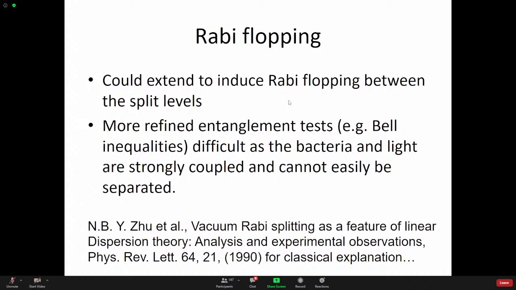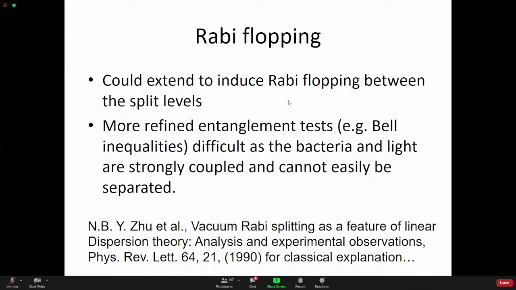the two levels. So you would like to drive the system from the ground state to the excited state and back to the ground state, and maybe shine a laser exactly of the right frequency corresponding to the splitting in order to be able to observe Rabi flopping. And then this, of course, would tell you with more confidence what kind of Hamiltonian is the right Hamiltonian to describe this.